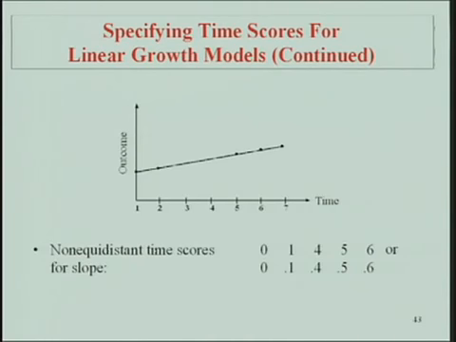But then it's 1, 2, 3, the distance between the second and third time points. So then you have to add 3 to 1. You get 4 to represent that the distance here is bigger than the distance there, right? So 0, 1, but then 4. And then the next time score would be 5 and 6.